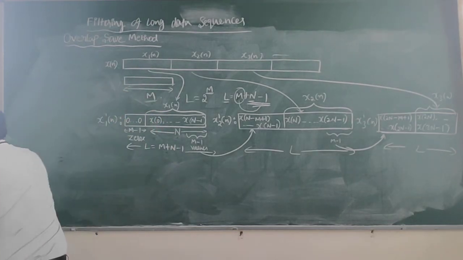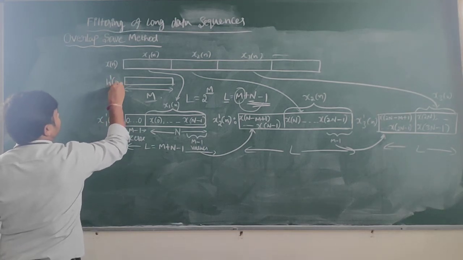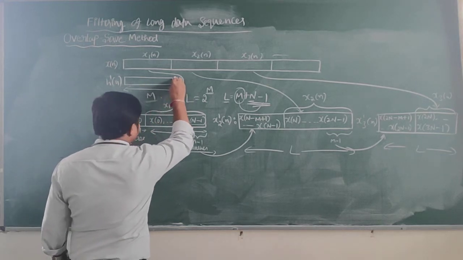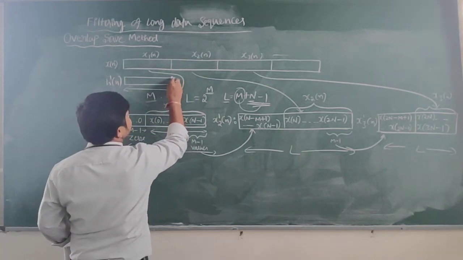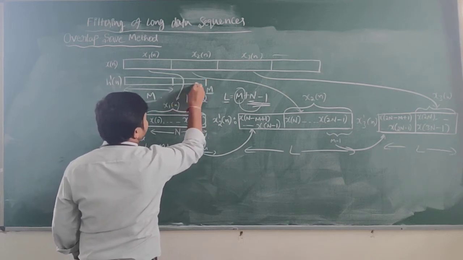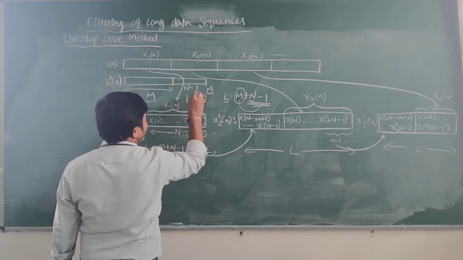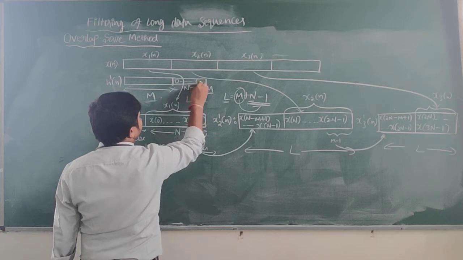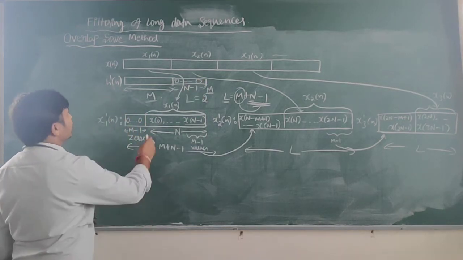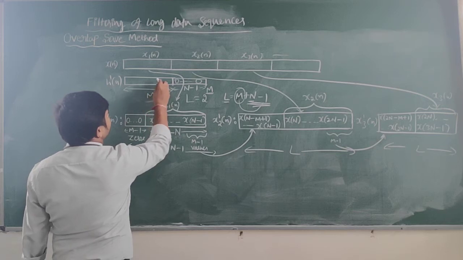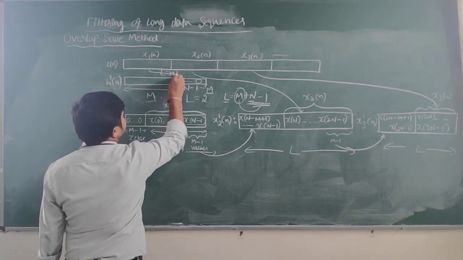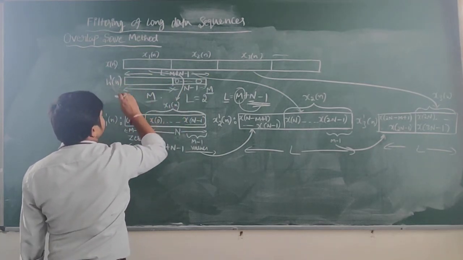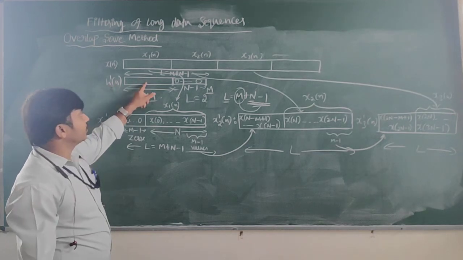I will call it h dash of n, because it consists of h of n along with n minus 1 zeros: 0, 0, so on up to 0. Now what is the length of this h dash of n? It is equal to L, where L is equal to m plus n minus 1.